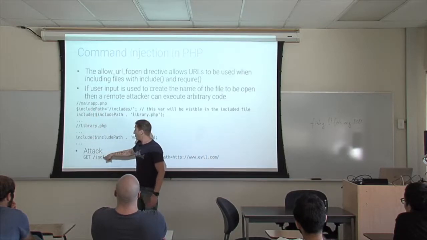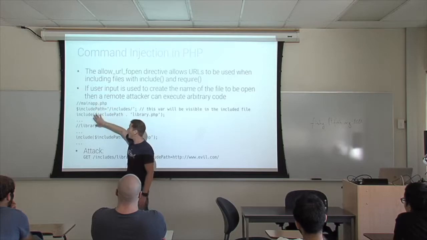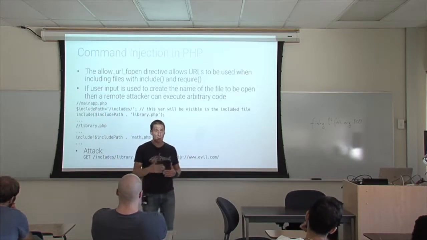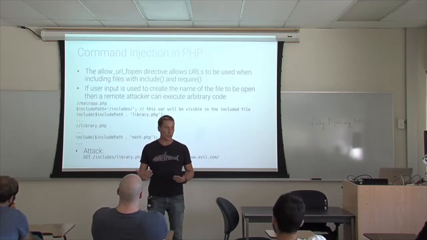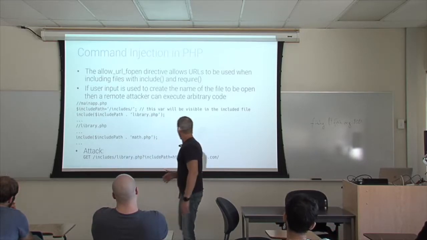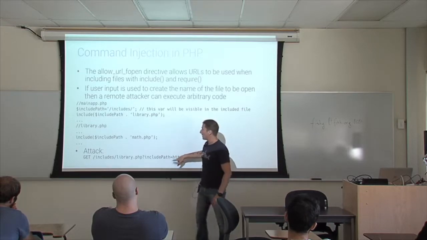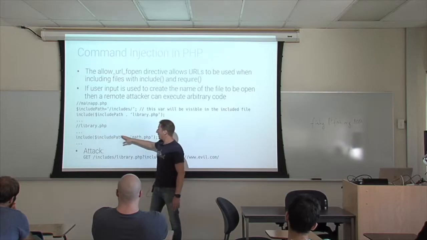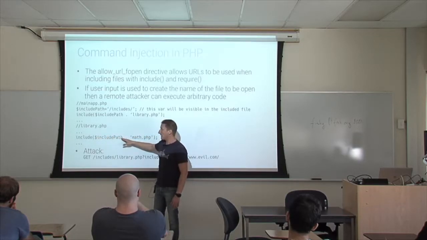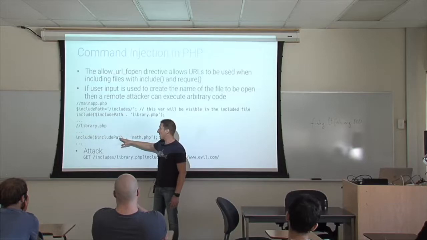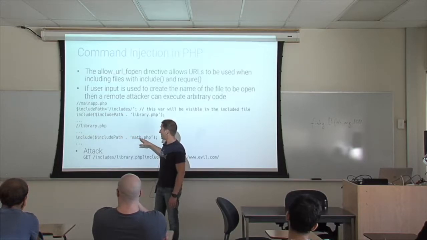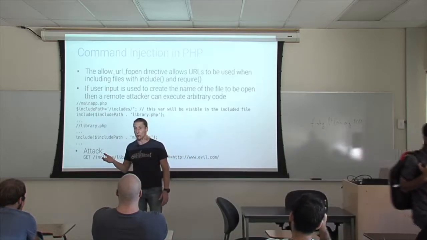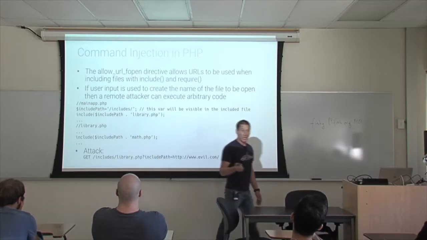Since this variable will not be defined by the main code, and since in this case there is that automated variable generation in PHP, it will just be included automatically, so library will get to here, and the include path will be set by the attacker. This can be set to a remote URL, so you set up a math.php on one of your hosts, and suddenly you can execute code on that machine, okay?